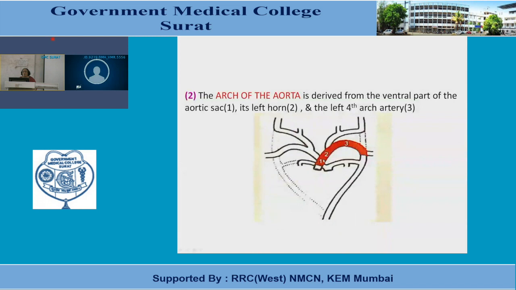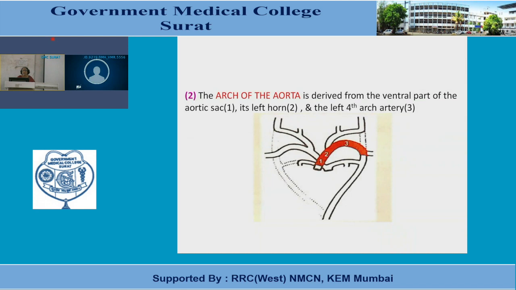So it is formed by the ventral part of the aortic sac, the left horn of the aortic sac, and the fourth arch artery. This is the third arch artery, this is the fourth arch artery. So the arch of aorta is derived from the ventral part of the aortic sac, its left horn, and the left fourth arch artery.